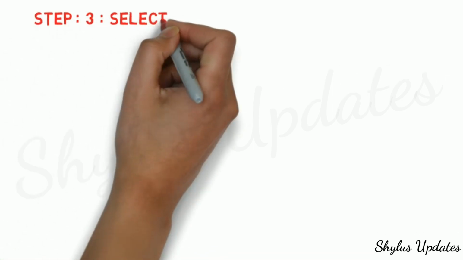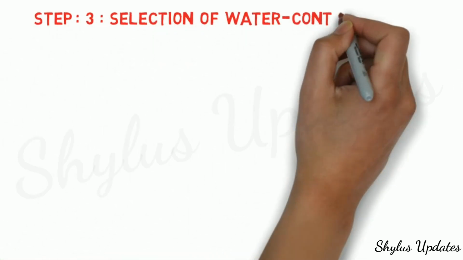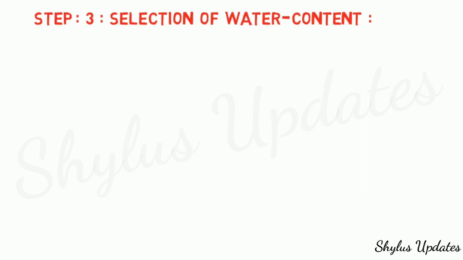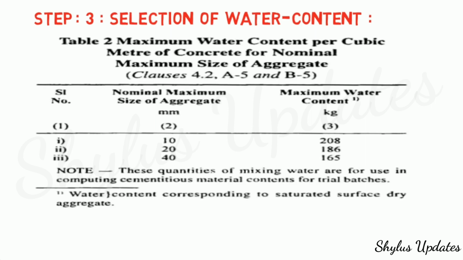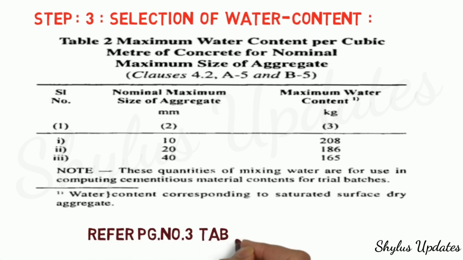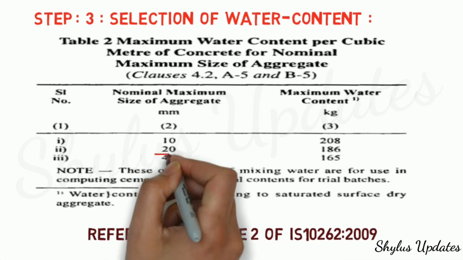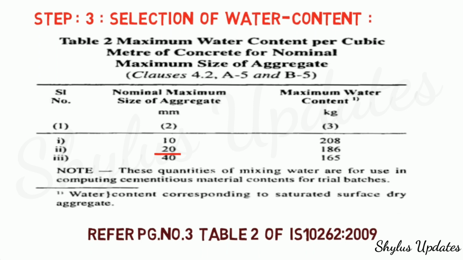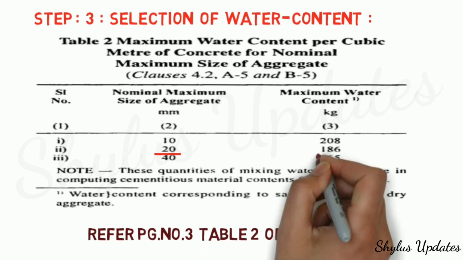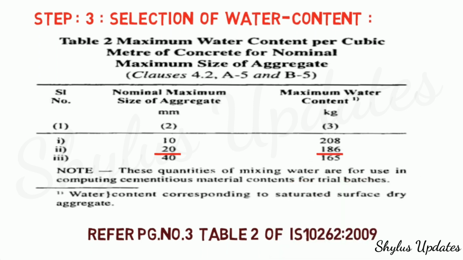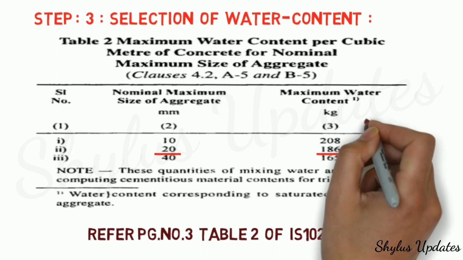Step 3. Selection of water content. For this, refer page number 3, table number 2 of IS 10262-2009. In this Table 2, for nominal maximum size of aggregate 20 mm, maximum water content is 186 liter.